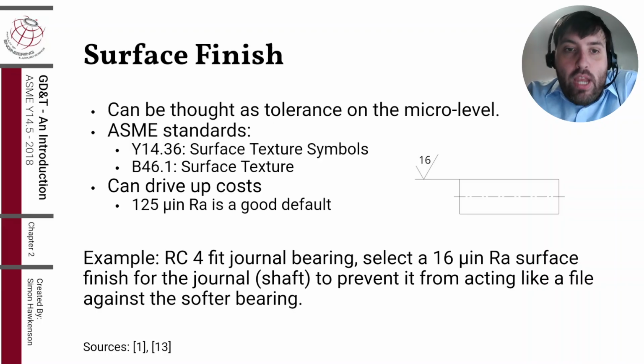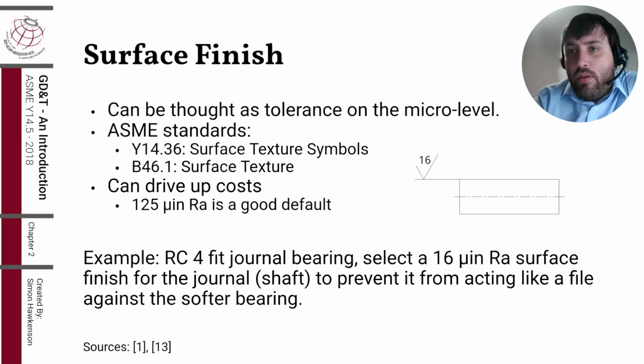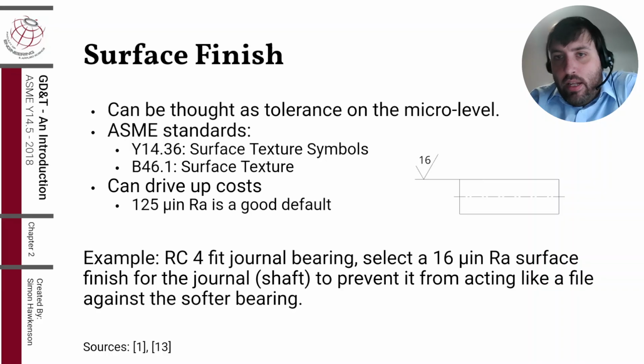For most situations, I would recommend setting in the title block a default surface finish of 125 microinch RA so as not to drive up machine costs. Over constraining the surface finish can drive up costs in the same way that over constraining tolerances does. And in case it's not clear, putting a tight surface finish is kind of akin to polishing it, having a more polished surface.